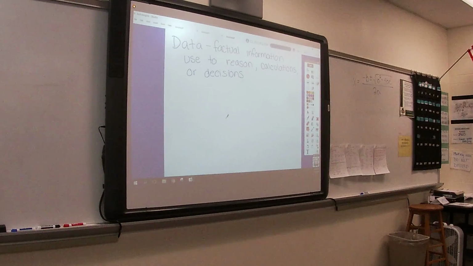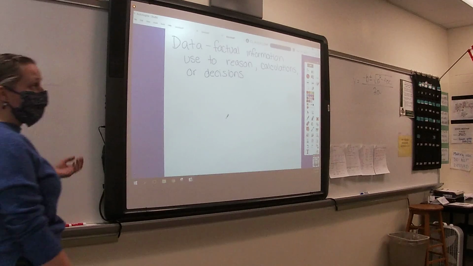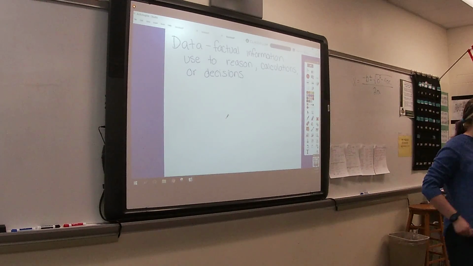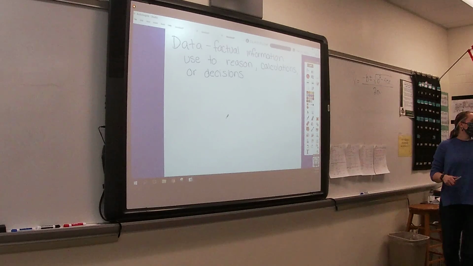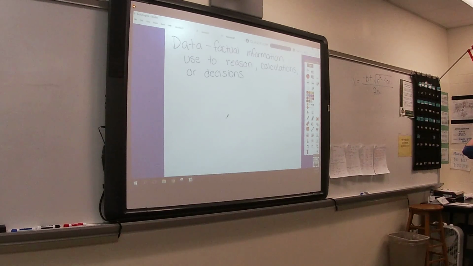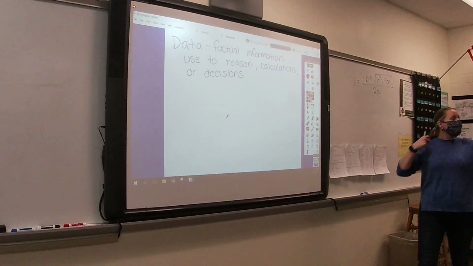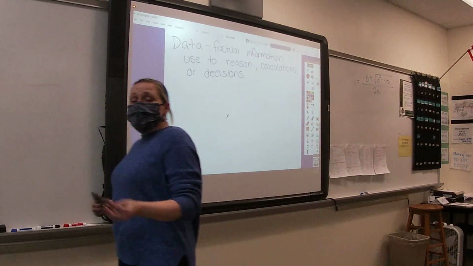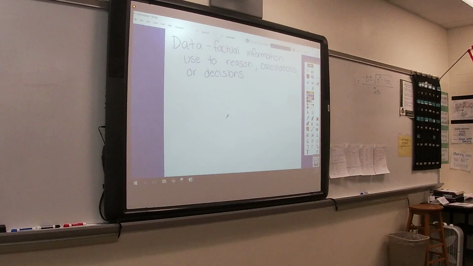To know if it's useful or not. I can collect data about the temperature outside on a daily basis, but that doesn't mean that I'm able to be a meteorologist and make those future predictions, right? So there's this idea of getting this factual information, looking into it deeper to have a better understanding of it, so that we can use it to reason, to make calculations, to make predictions, to make decisions.